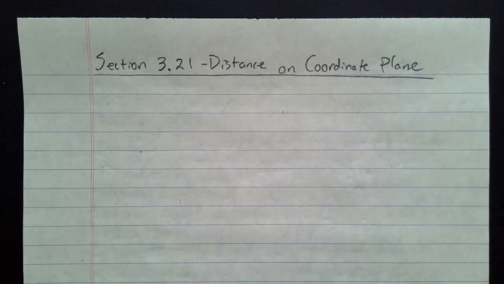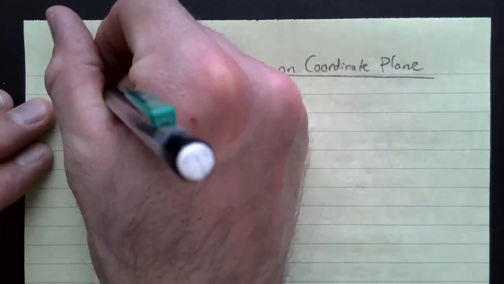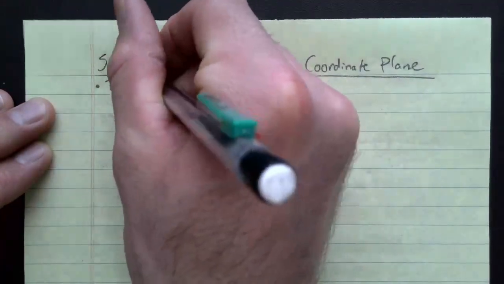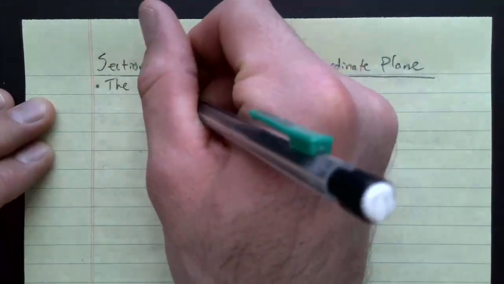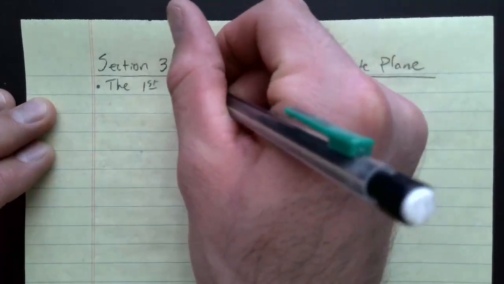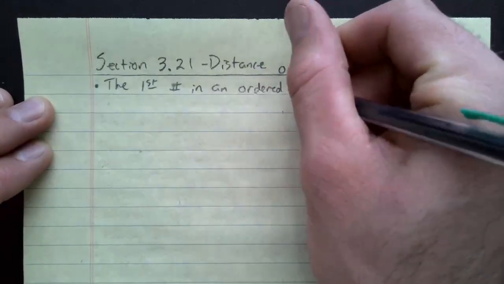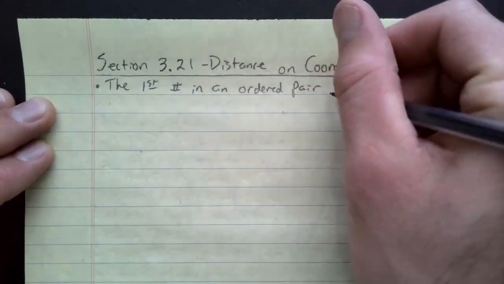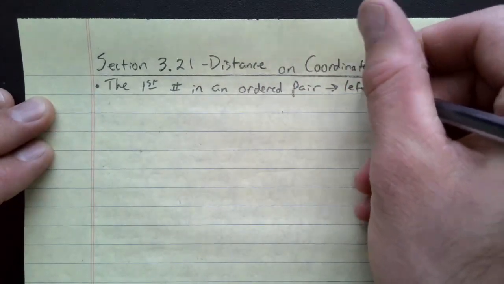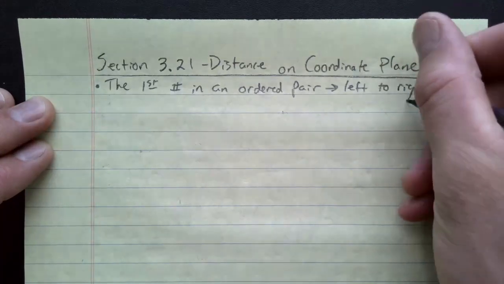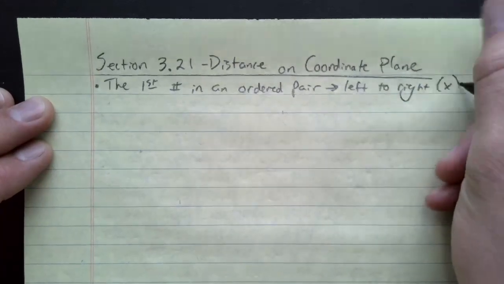So we've been able to plot points on coordinate planes, but the first thing you need to know is that the first number in an ordered pair goes left to right, and that is your x-axis.